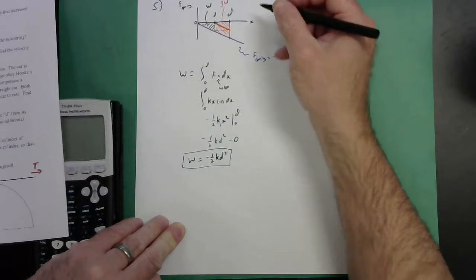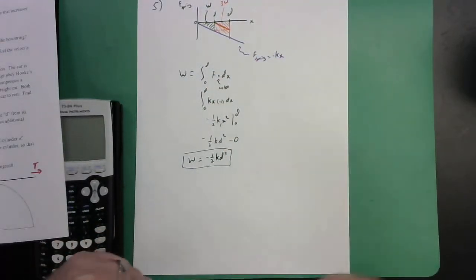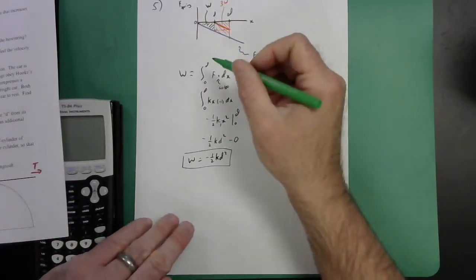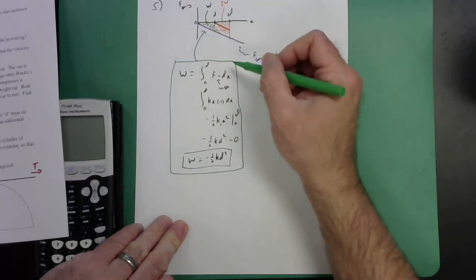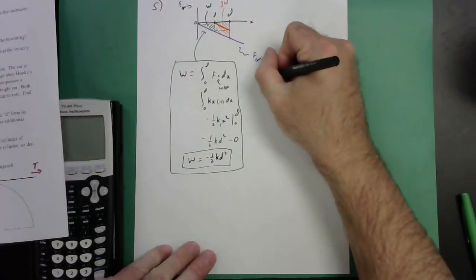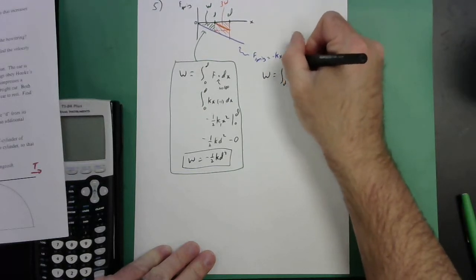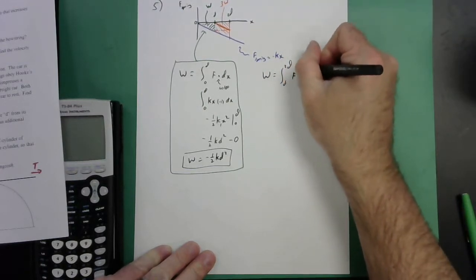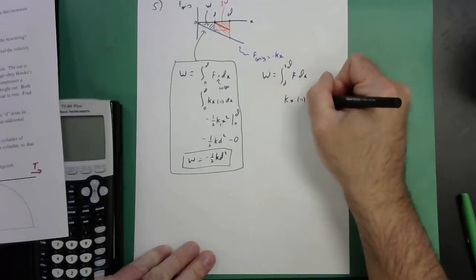If I now calculate the work going from D to 2D, I should have color-coded this. That was silly of me. This is the green calculation for this. Now let's do the orange calculation. The orange calculation would be the work going from D to 2D of that F dot dx. Yes, that's going to be kx times negative 1 dx, right?